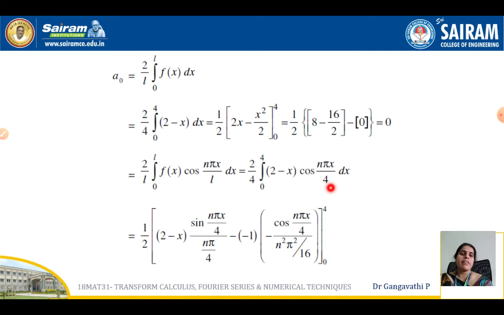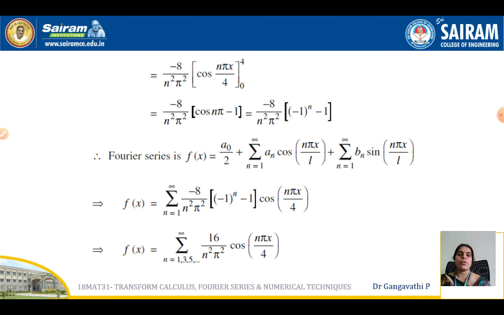Perform the integration by using Bernoulli's rule: first function into integration of the second function, minus differentiation of the first function into integration of the second function. Once we do, we get this step, and the limits are between 0 and 4. Substitute the limits and simplify, we get the value of an is equal to minus 8 by n square pi square into minus 1 to the power of n minus 1.